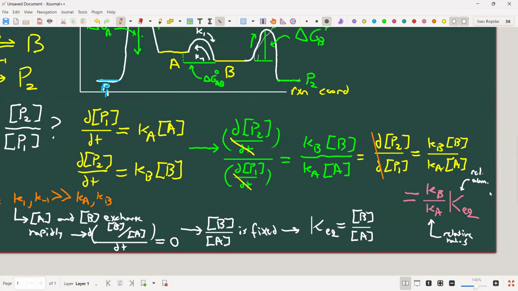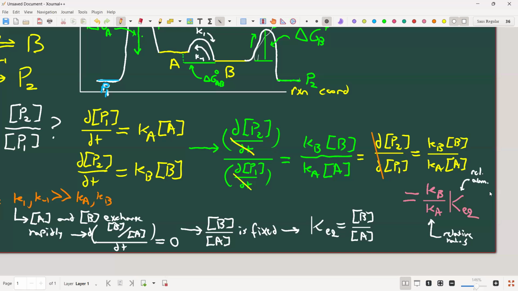So here we have a kinetic property, which is the product ratio, and it's got nothing to do with concentrations. It's completely zeroth order. It only depends on thermodynamic properties. It depends on the thermodynamics between A and B, and the barriers, that's the speeds or the rates of the resulting product reactions. Okay.